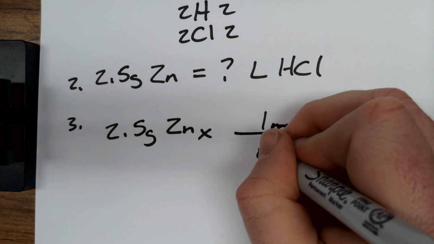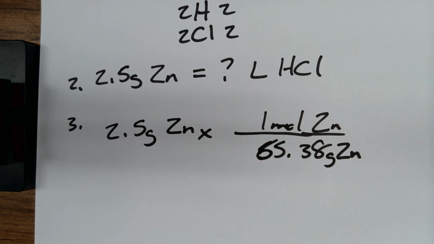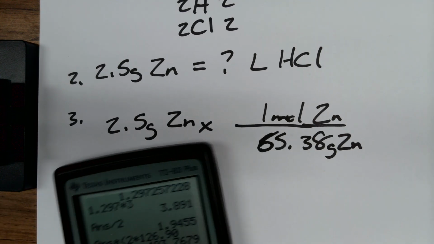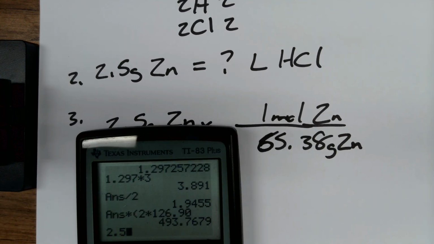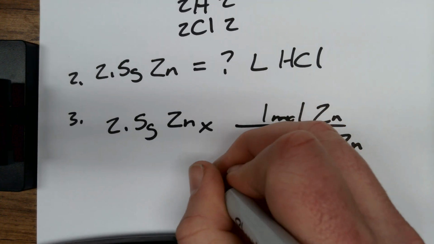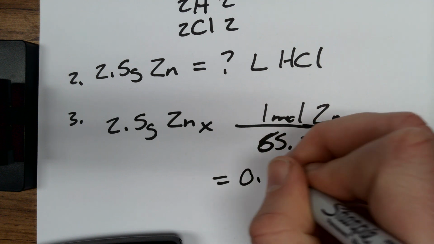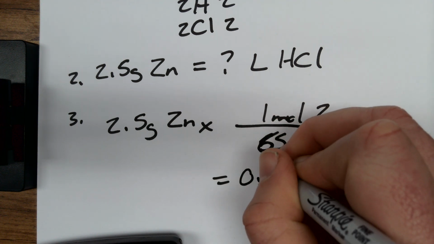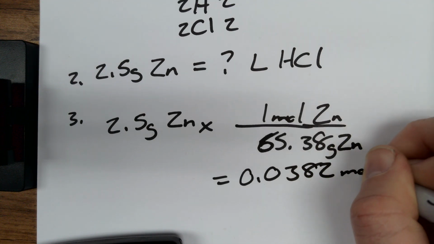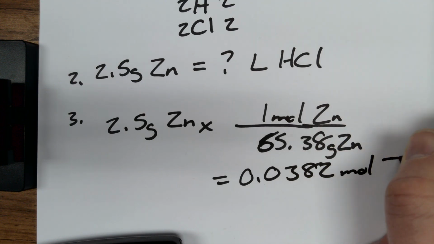I apologize. We all agree with that value? Yes? Perfect. So if I solve for moles, 2.5 times 1 is going to be 2.5 divided by 65.38. It's going to give me 0.0382 moles zinc.